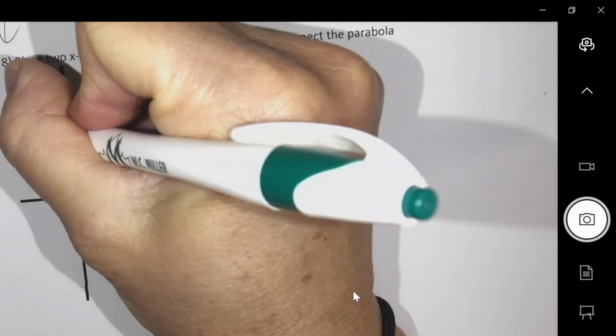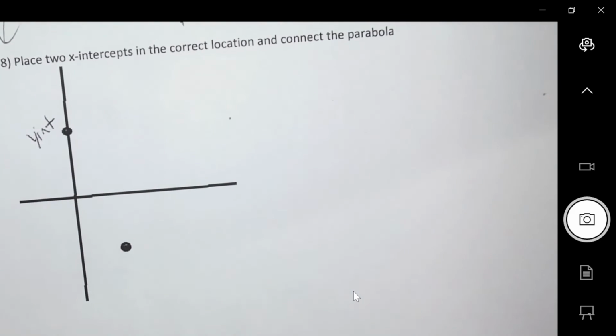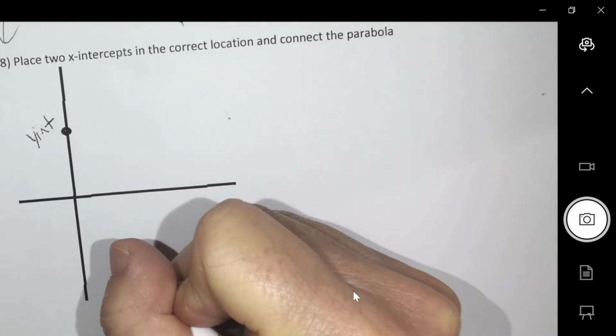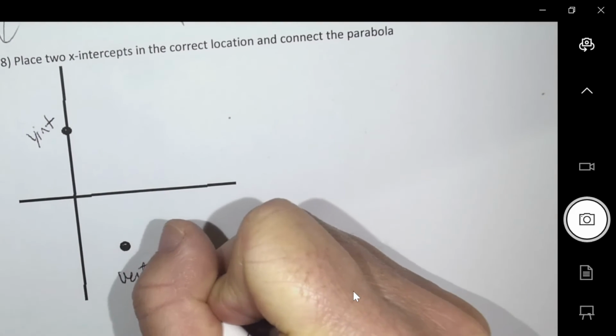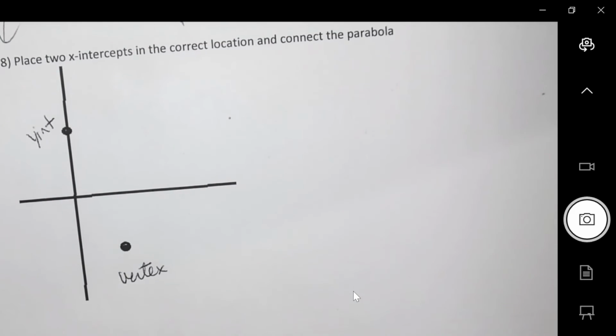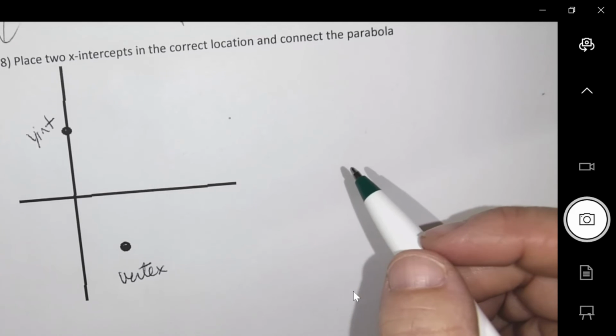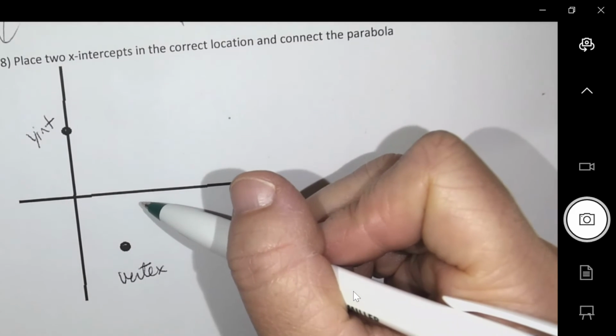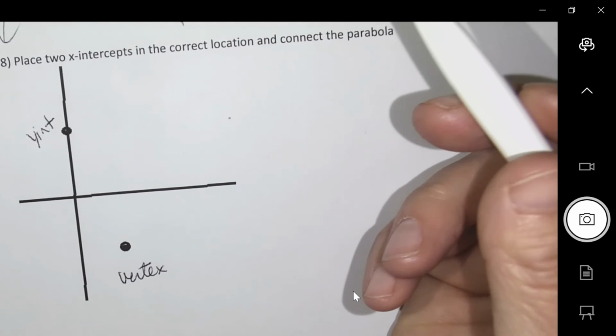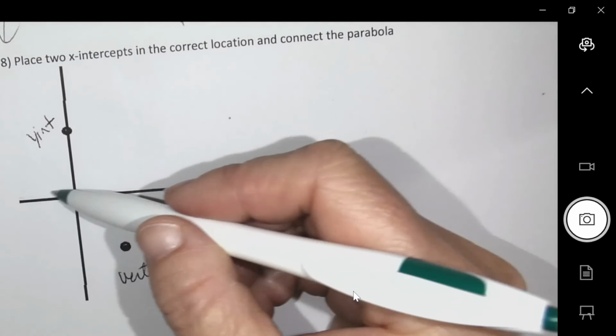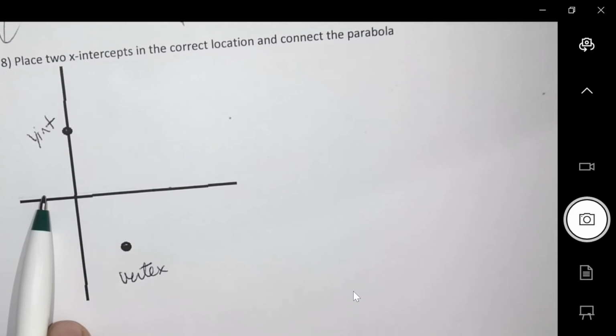Okay, so here I would label a y-intercept, is that one. And here looks like a vertex. So I need to place 2 x-intercepts to complete this parabola. Where would they go? They can go on either side. They can be on the lines, they can be anywhere. Can I put it here though?